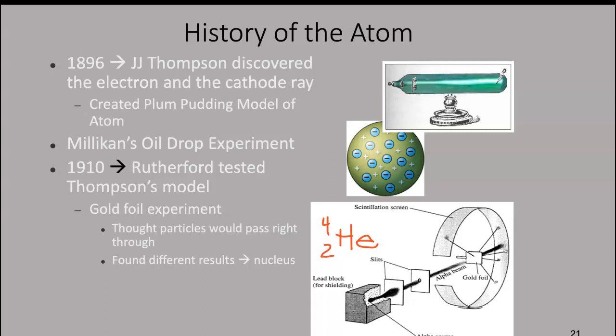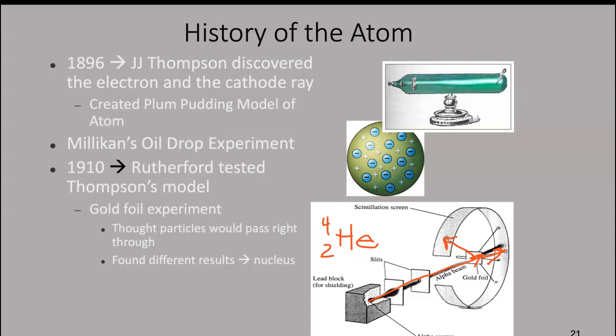So this helium nucleus, because there's no electrons, is positively charged. And what he did was he shot this at a piece of gold foil. Now, many of these particles actually went through the gold foil, but every once in a while, like 1 in 10,000, would bounce back. And so he started thinking, what is it hitting?